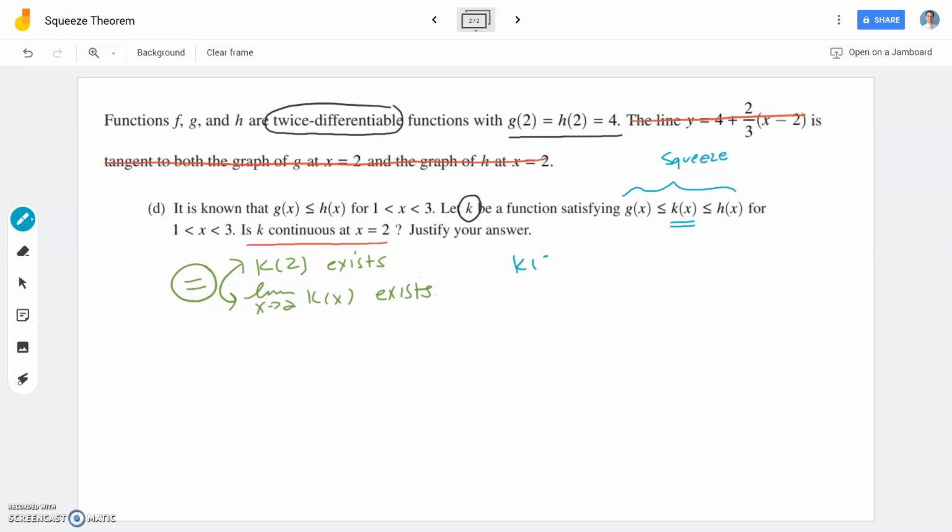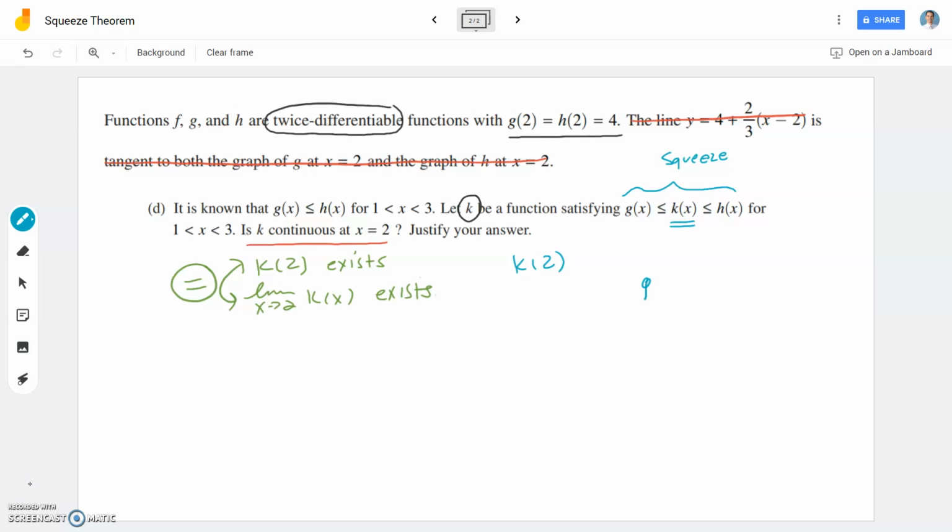Can we prove that k of 2 exists? Well, in order to do that, let's remember what we were given. We were told that g of 2 and h of 2 are both equal to 4, and furthermore, we were told that k of x lies in between g of x and h of x on the interval from 1 to 3.